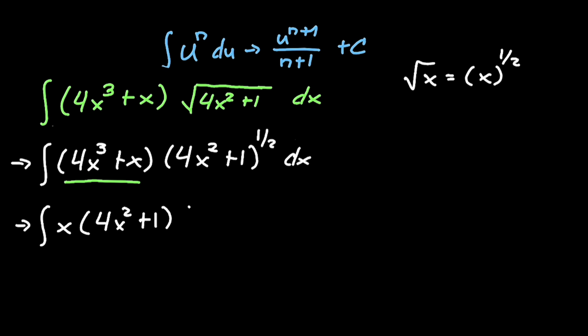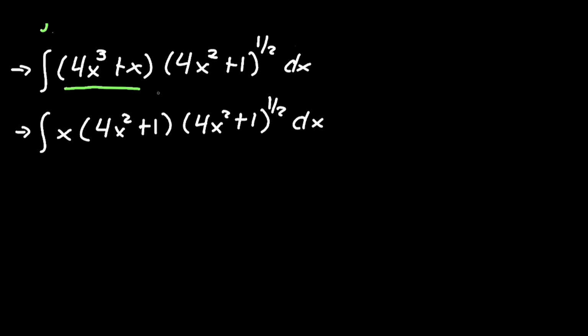And copy the rest, so you will get 4x squared plus 1 raised to the power of 1/2 of dx. So you can see these two are similar, so you can combine like terms. So it will be the integral of x multiplied by 4x squared plus 1.